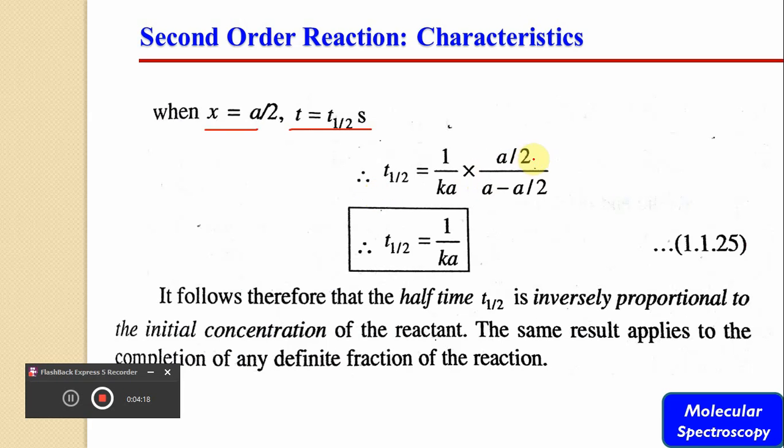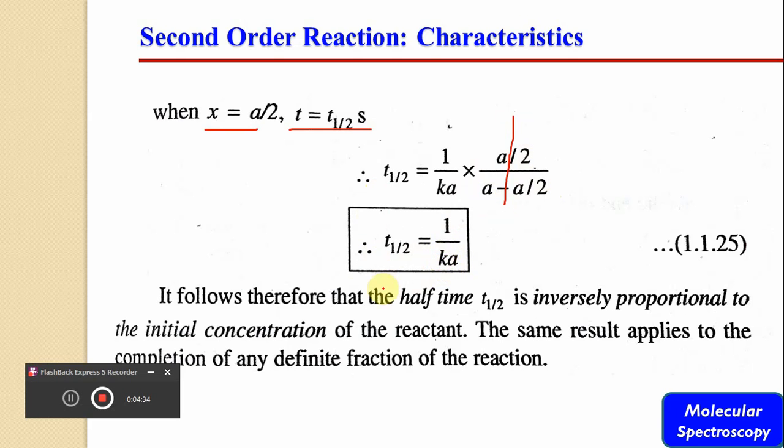So a by 2 divided by a minus a by 2 is also a by 2, so this whole term gets cancelled, and the half-life period of second order reaction is simply equal to 1 upon k into a. Here k is the rate constant, which is constant, and a is the initial concentration.